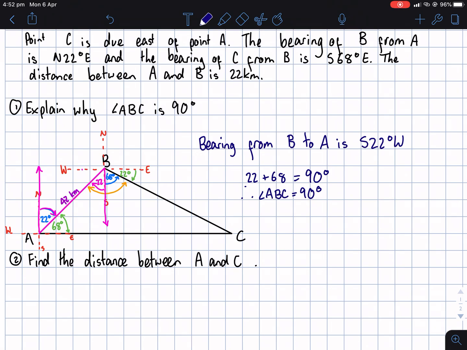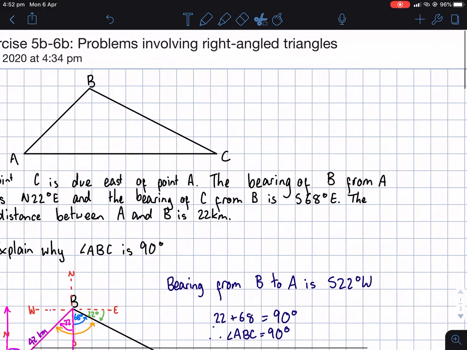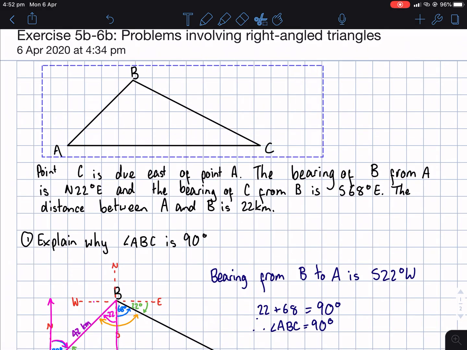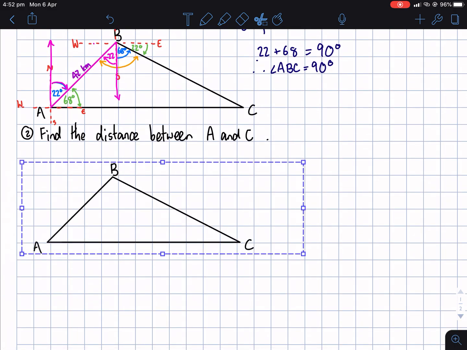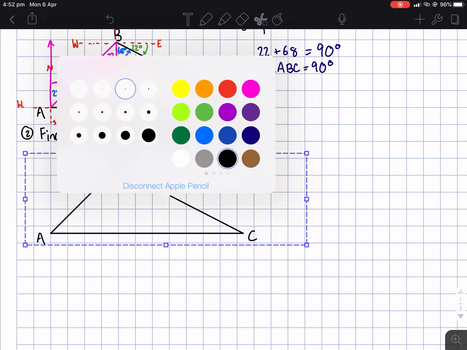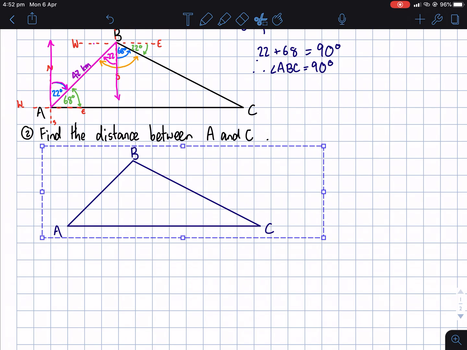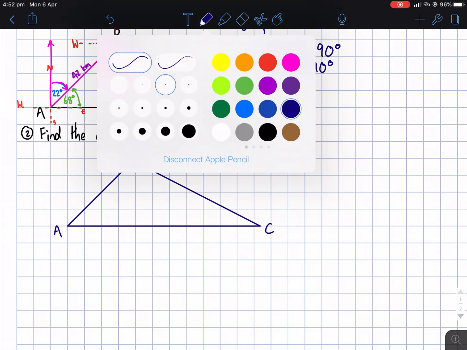Love it. I'm going to draw this triangle again, but I'm going to draw it in two halves. I don't think I've drawn it correctly. I'm going to steal this triangle again, but this time I'm going to split it in half.